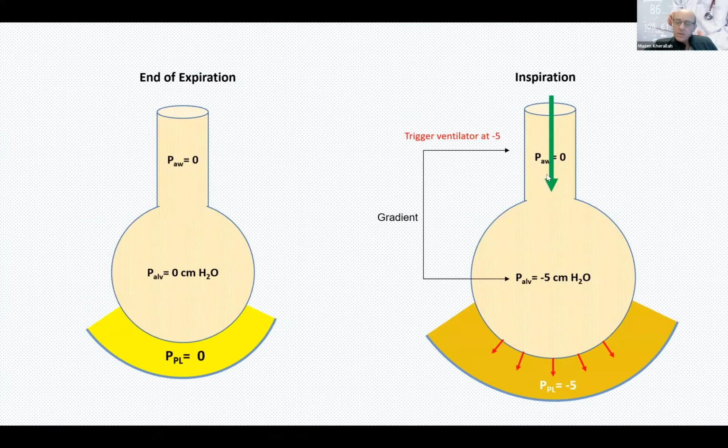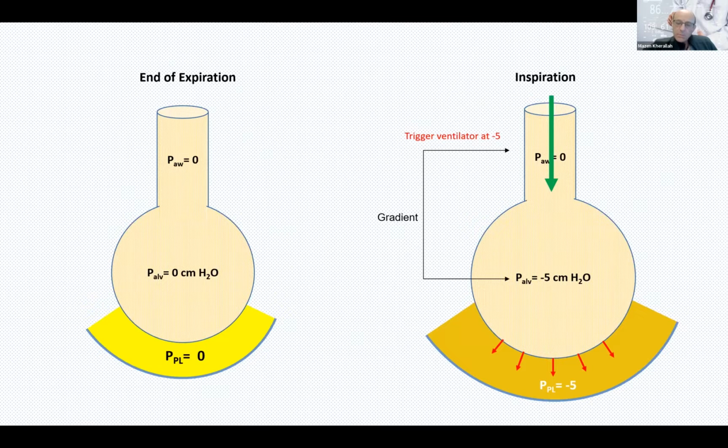That will drop the airway pressure, and then the ventilator will be triggered. And once the ventilator is triggered, the machine will give whatever you set on the ventilator. If you set pressure support ventilation, pressure support of, let's say, 10 or 12 centimeters will be delivered. So it will give the positive pressure.